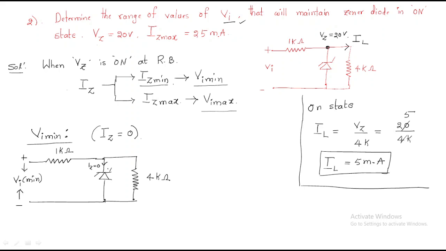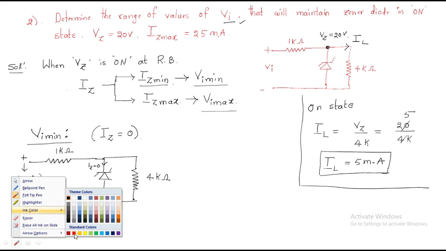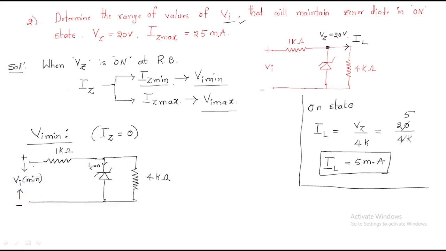Now there is no current flowing in the Zener diode, so IZ is 0, and the minimum voltage requirement for the circuit is such that the current flows from the source to the load and from the load back to the source, like this.